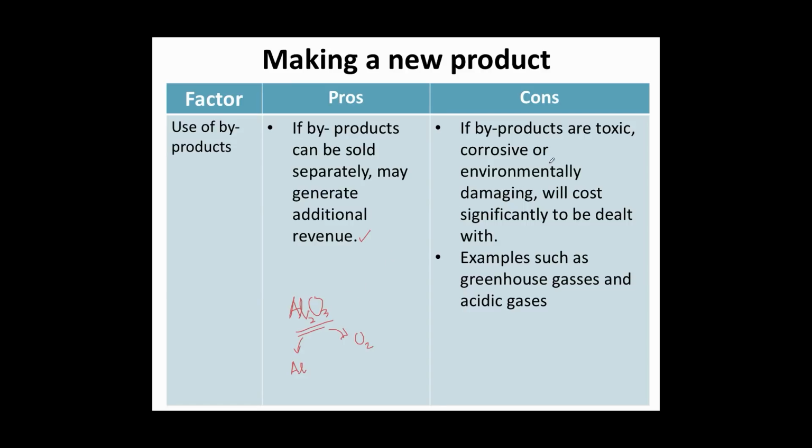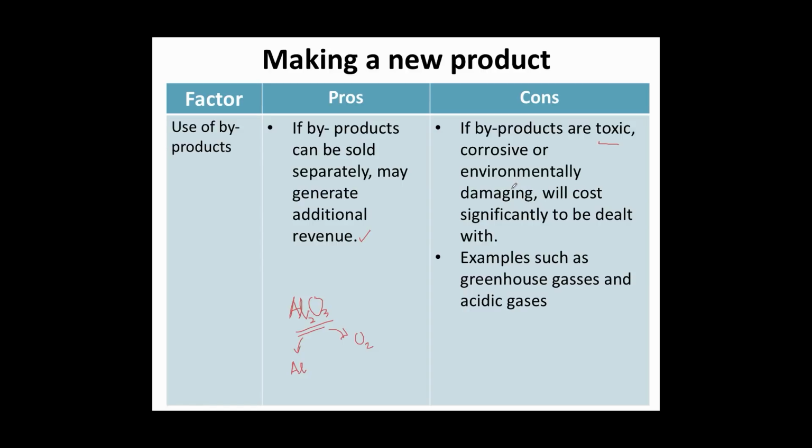All right. And in the case where the byproduct does not have any industrial use, then you do have to think about, is it toxic or corrosive, or is it something that is environmentally damaging? For example, carbon dioxide. Carbon dioxide is environmentally damaging. There are laws that protect the environment against a certain amount of carbon dioxide emission.